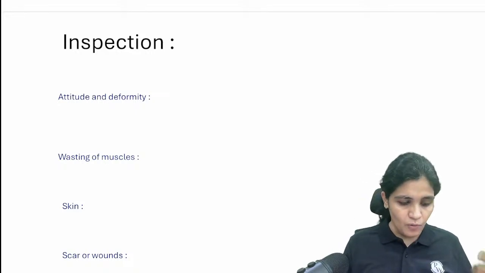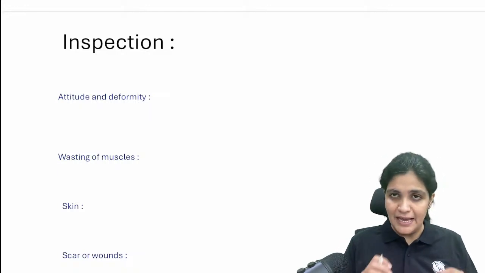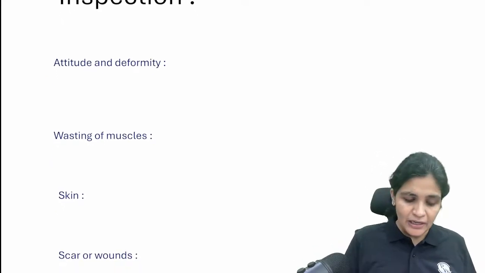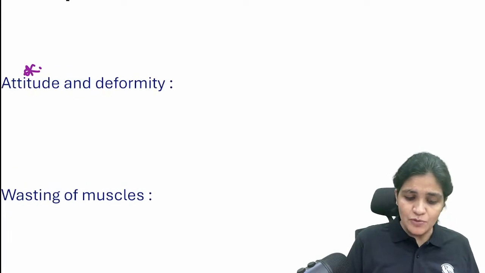So let us see what we see in the inspection. Always in the peripheral nerve examination, the inspection starts with the attitude and the deformity. Here there is nothing much to do with the attitude except that it is a trauma, but the deformity is very important.